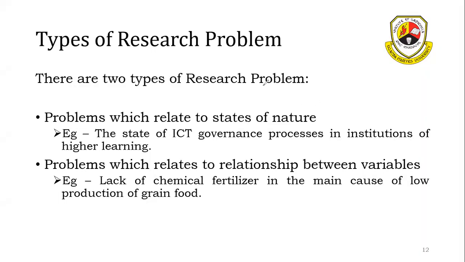Now, when you look at this research problem, which is looking at the state of governance, this points to a leaning towards qualitative research. If something is referring to the state or the nature of something, it's leaning towards qualitative research.